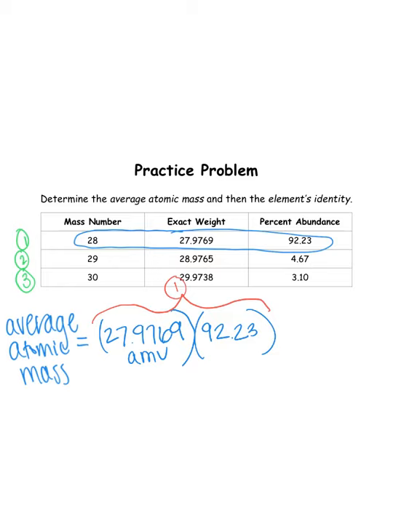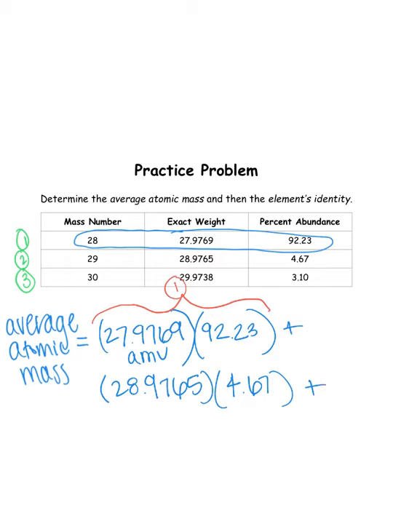All right, now let's add in the information for isotope number 2, and I'm going to have to drop down a line since I'm running out of room. So isotope number 2 has a mass of 28.9765 multiplied by its percent abundance, which is 4.67.